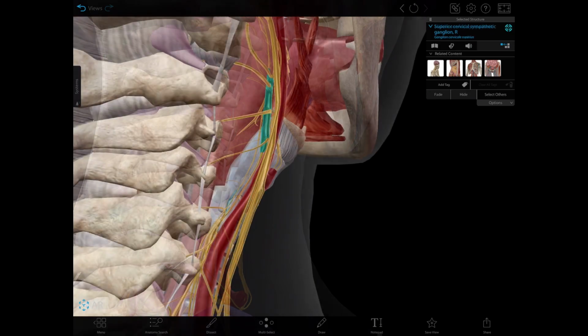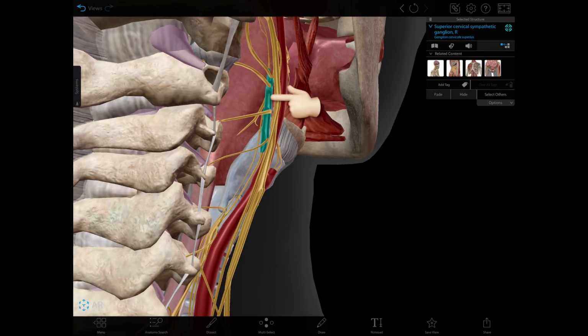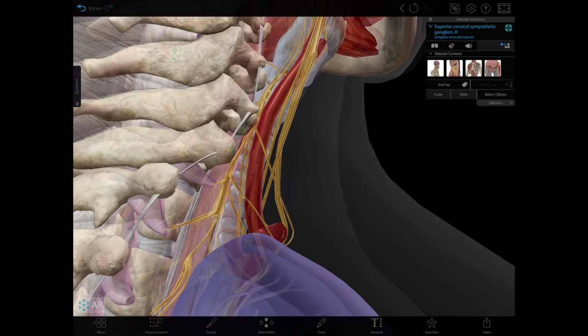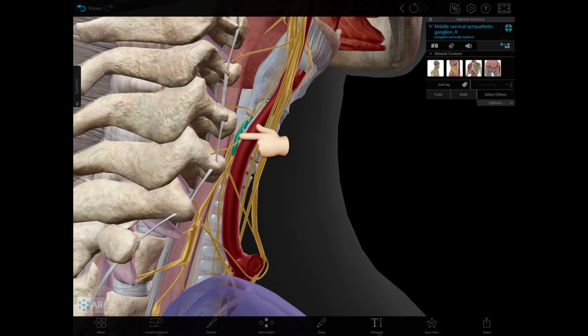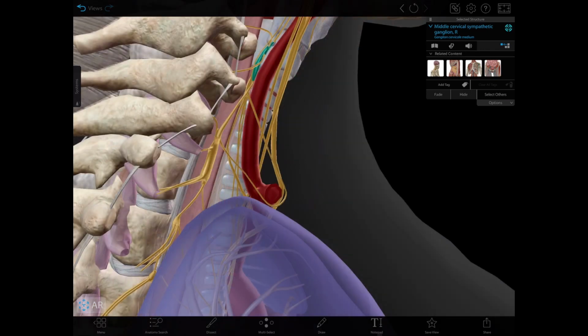There's going to be a superior cervical sympathetic ganglion, a middle cervical sympathetic ganglion, and also an inferior cervical ganglion. Sometimes there's a fourth vertebral ganglion that is present on the anterior aspect of the vertebral artery close to its origin. And so all of the branches that originate from these ganglia contain postganglionic sympathetic fibers.